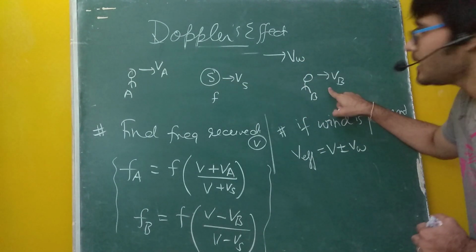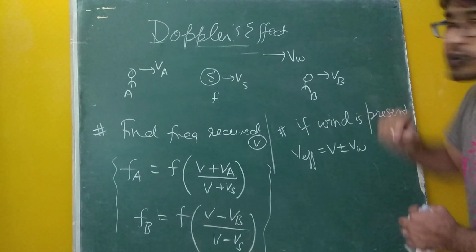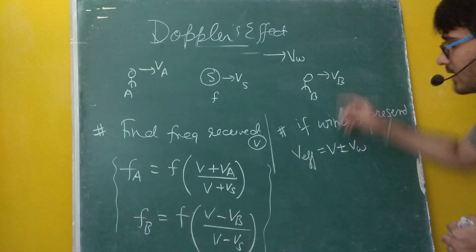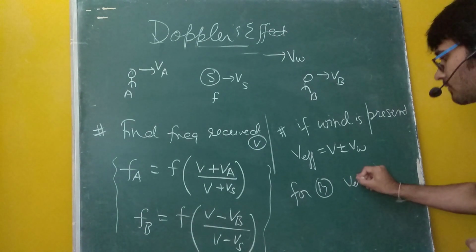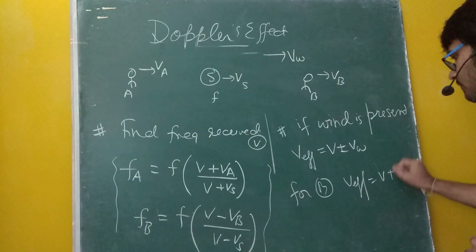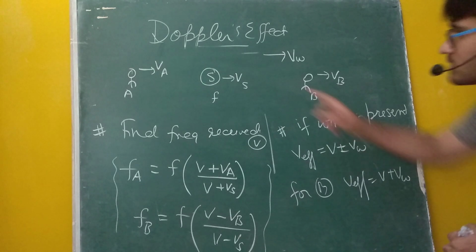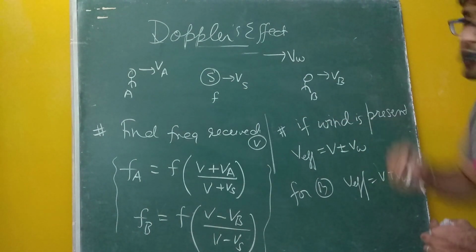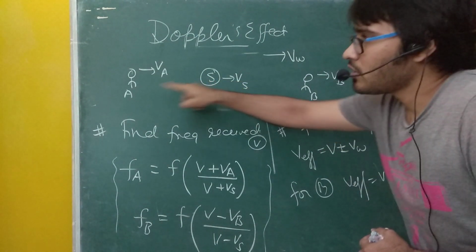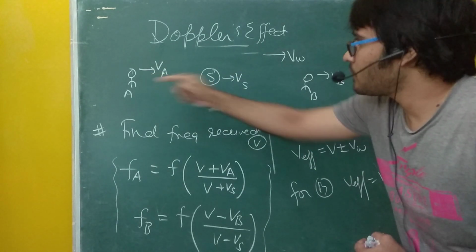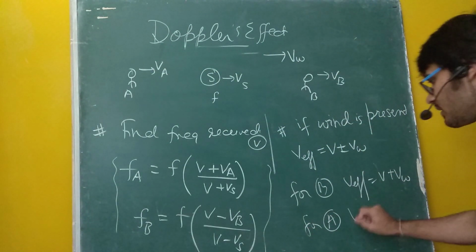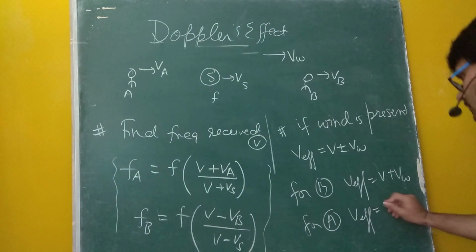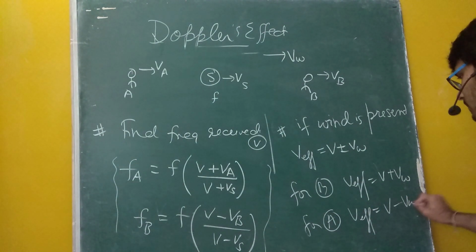For B, the signal is rightwards and the wind is rightwards, so for B, V effective will be V plus VW, because here the signal is in the direction of wind. And for A, the signal is leftwards and the wind is rightwards. Since the signal is in the opposite direction, I will write V effective as V minus VW.